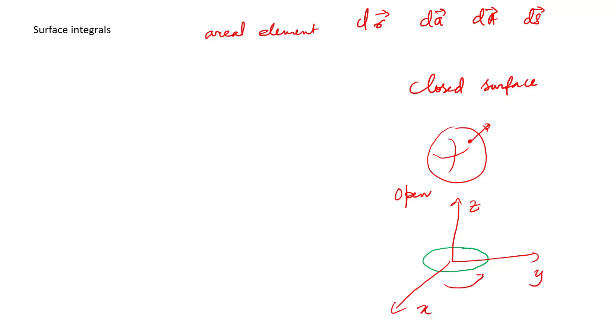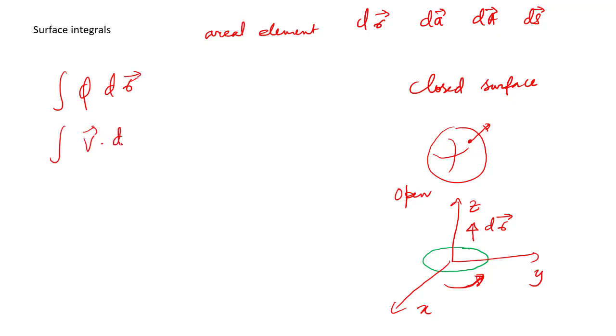So if I go around this way, my right hand fingers curl this way, then the thumb is pointing along the areal vector for an open surface.